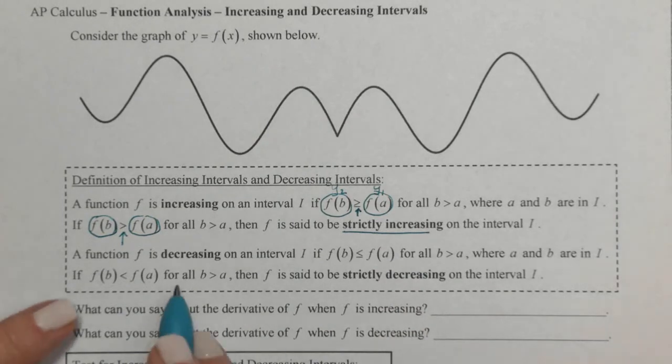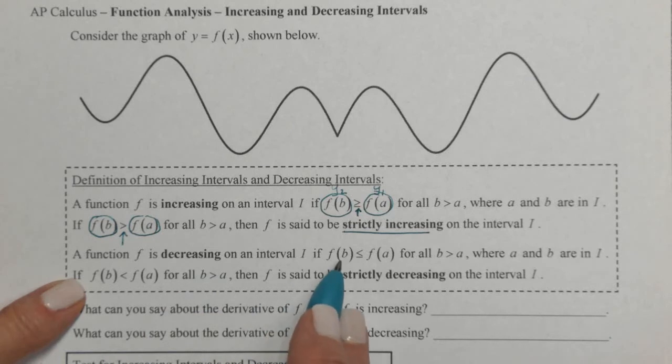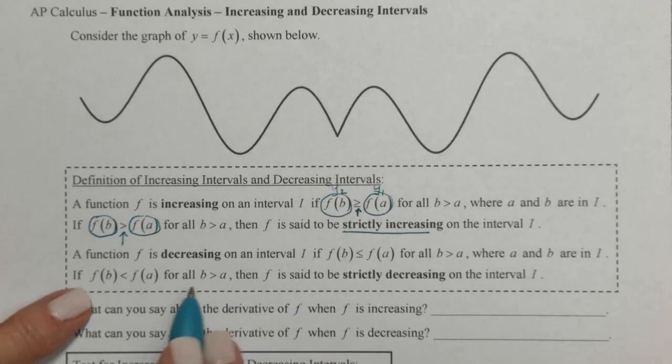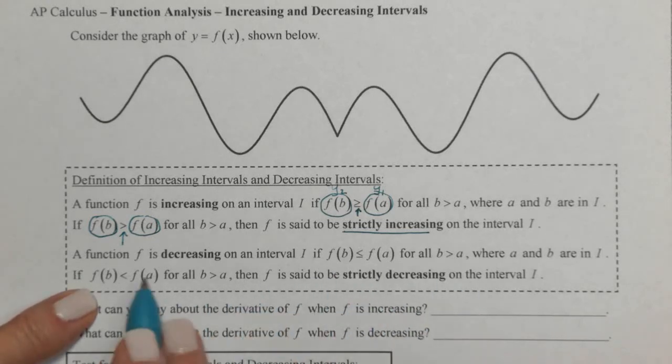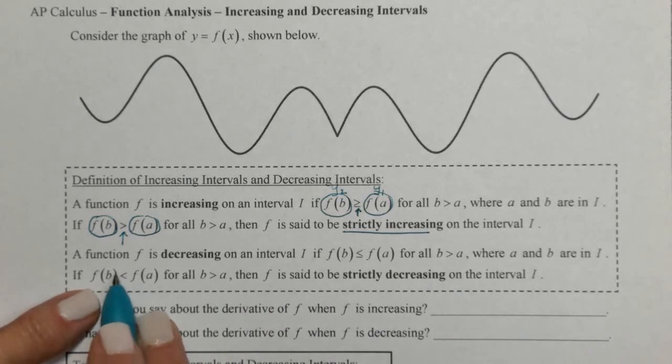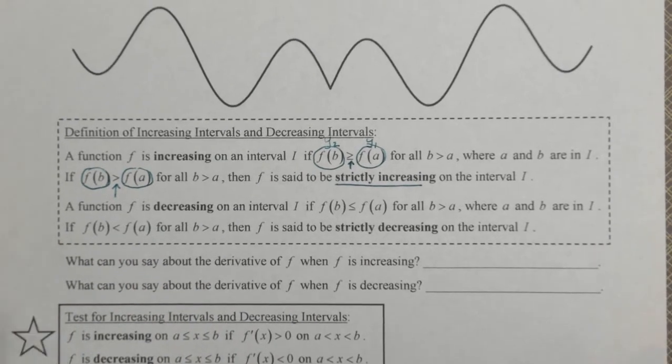It's very similar for decreasing. f is decreasing on an interval if y2 is less than or equal to y1. And f is strictly decreasing on that interval if y2 is just less than y1.